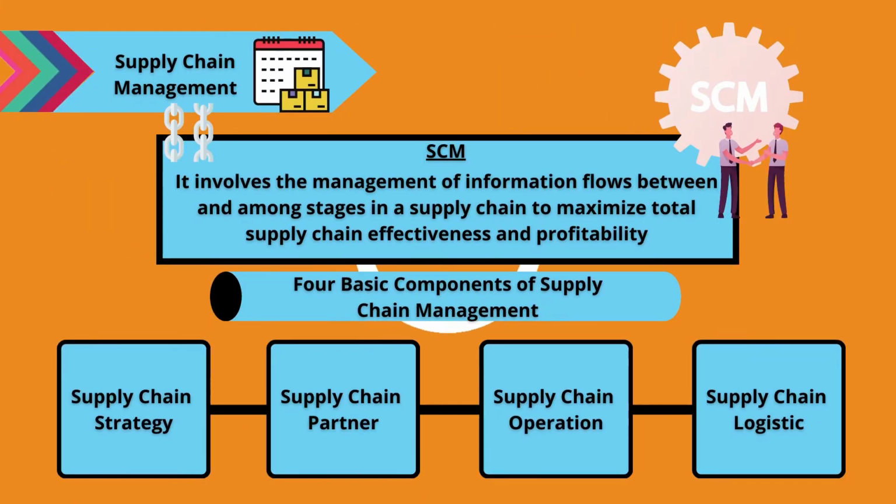Supply chain management, SCM, involves the management of information flows between and among stages in the supply chain to maximize total supply chain effectiveness and profitability. Four basic components of supply chain management: supply chain strategy, supply chain partner, supply chain operation, and supply chain logistics.